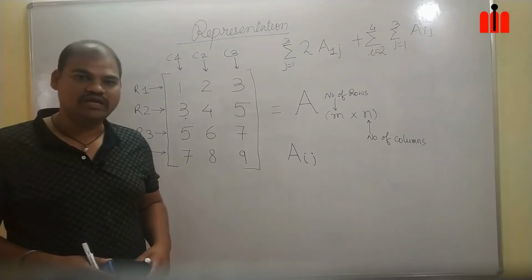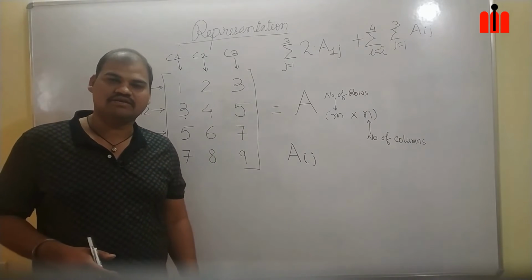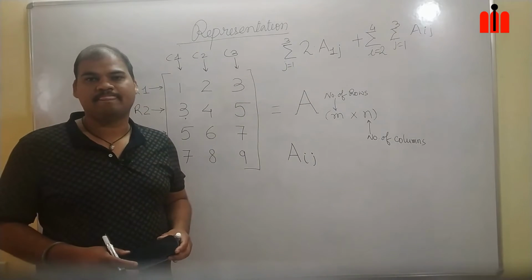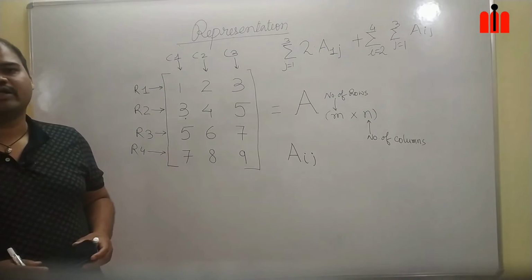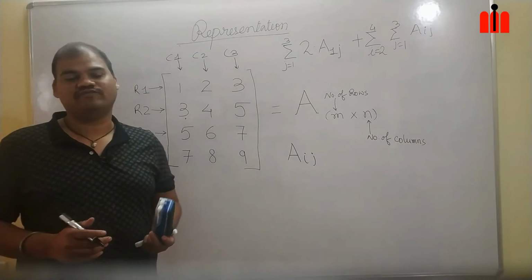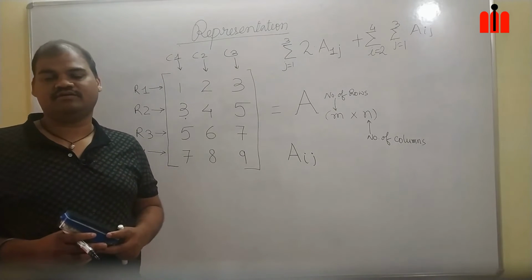So it not only gives the address of each and every number in a matrix, it is also used to provide this kind of representation. Okay, are you getting it? So this completes the representation of a matrix and the address of each and every element.